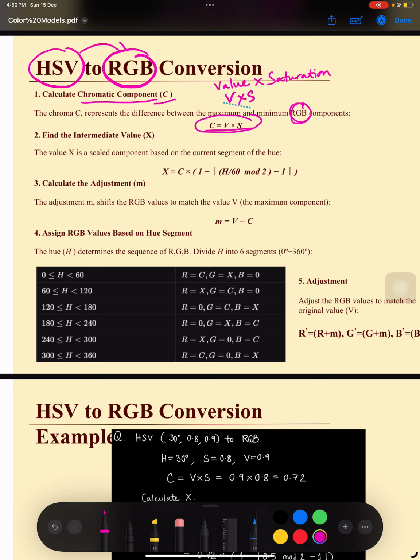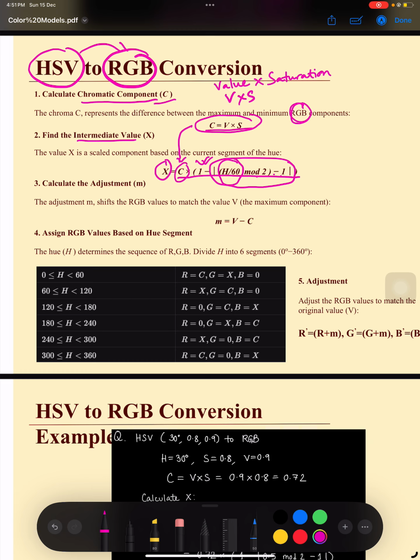After finding C, we have to find an intermediate value, X. Its formula is basically C times 1 minus the absolute value of (H divided by 60, mod 2, minus 1). We take the modulus result, subtract it from 1, and then multiply it with the chromatic component, or C, which we have calculated.